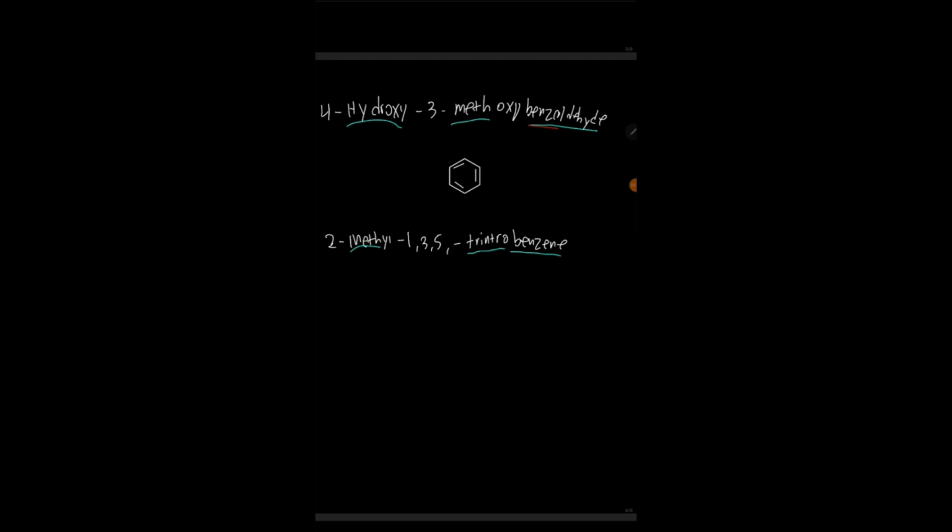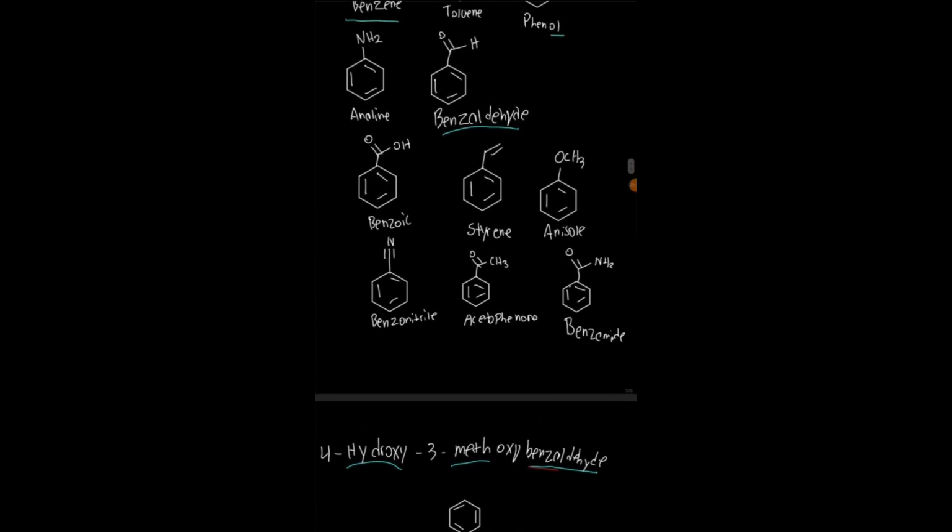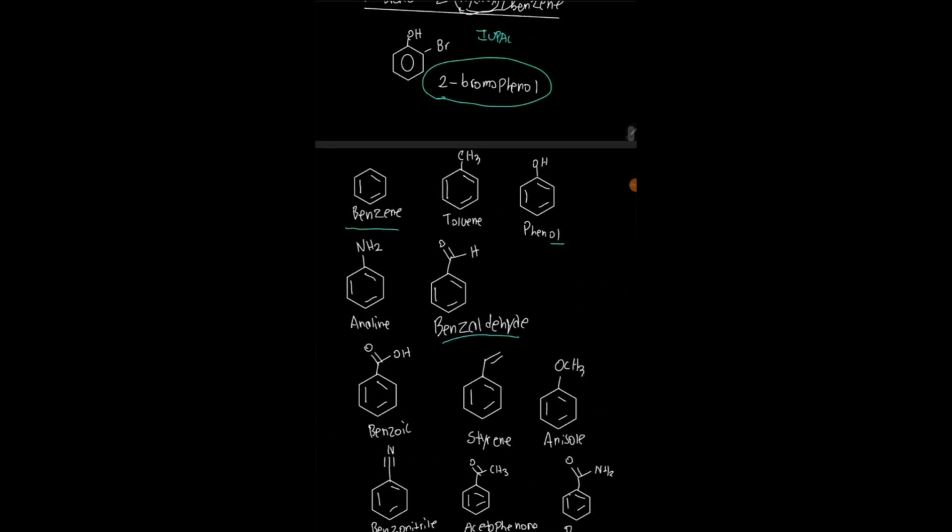We have to identify first what the 1 position is. You can make the 1 position anything you want on the ring, and the rest of the substituents just have to be able to follow. Now, benzaldehyde: if you have benzaldehyde, then you must have what we call a double bond.